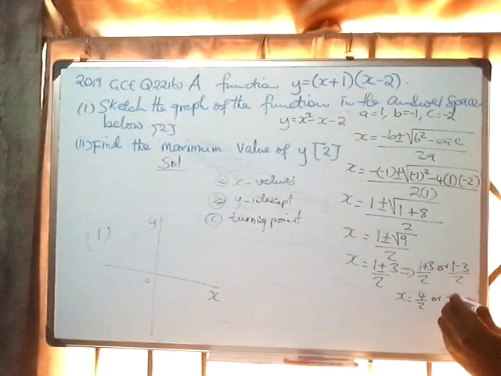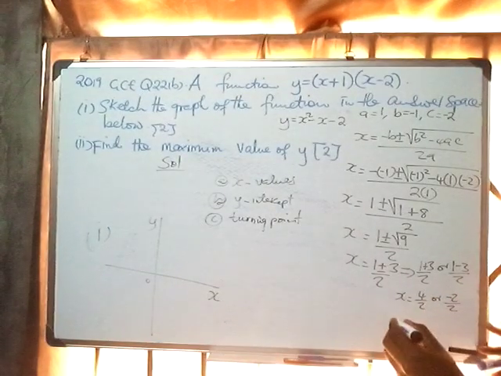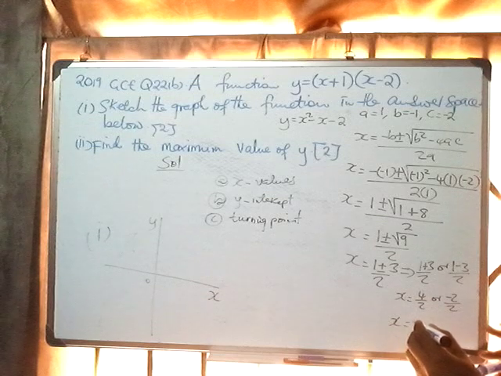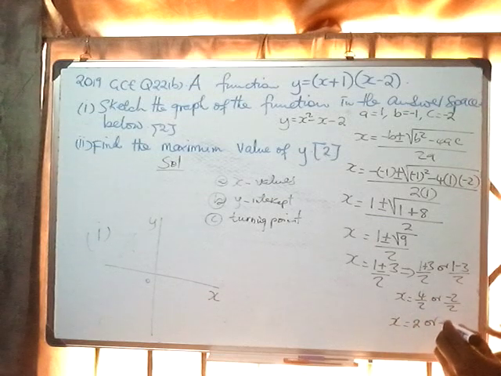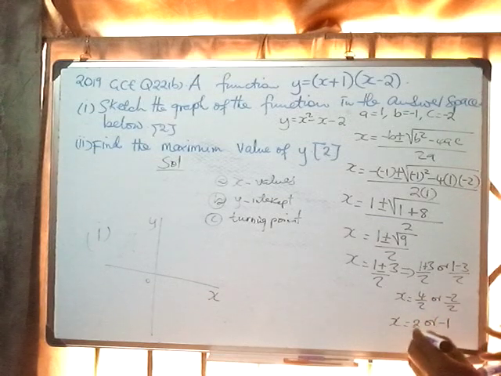So our x is equal to 4 over 2 or negative 2 over 2. So our x will be 2 or negative 1.